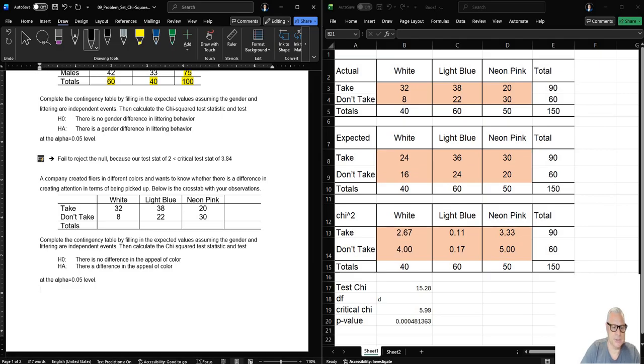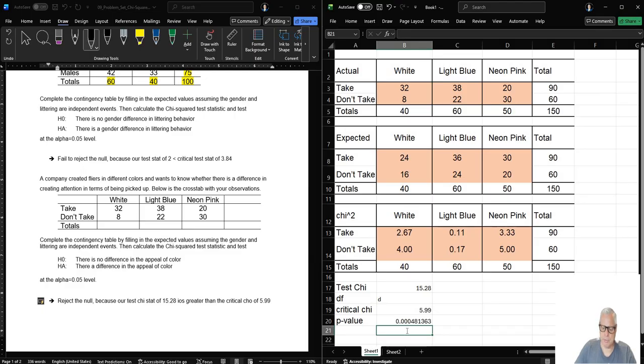So first of all, let's quickly answer this one. So the answer is, we reject the null because our test stat of 15.28, our test chi stat, is greater than the critical chi of 5.99, but we could have made a type 1 error of, I don't know, 0.04%.